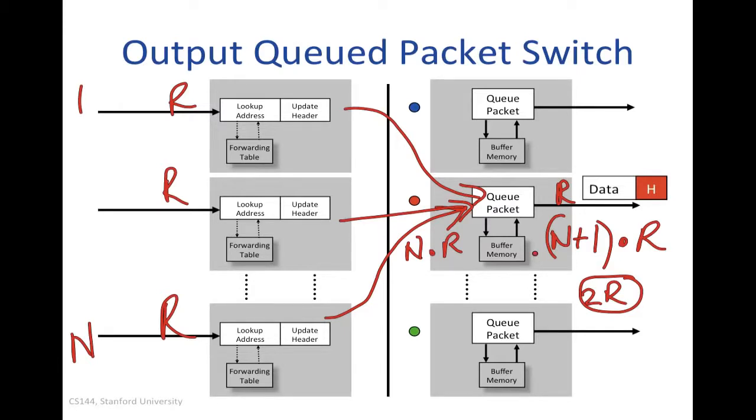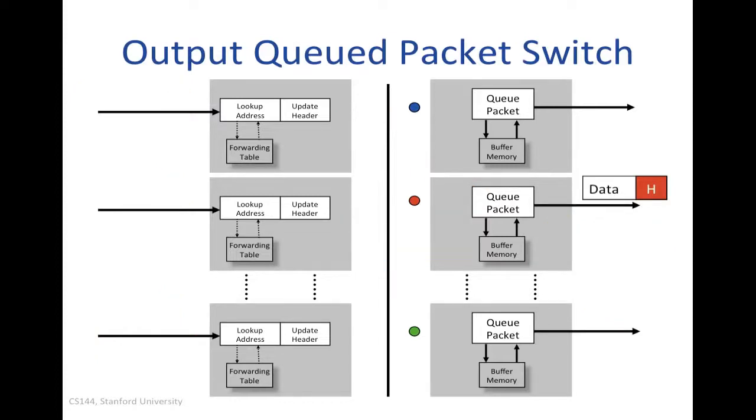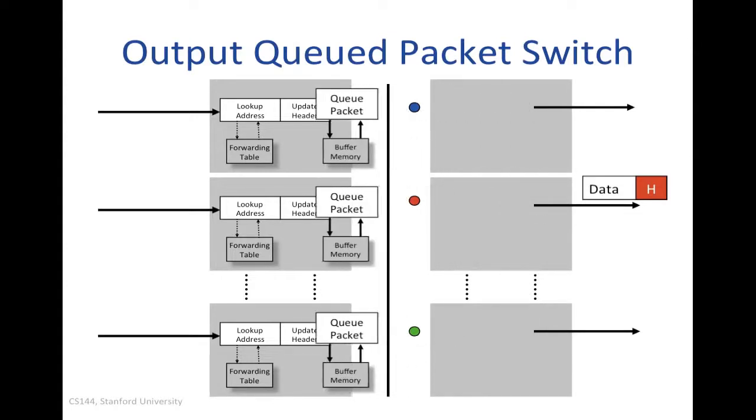Output queued switches are said to be limited by this problem, that they have to have memories that run very, very fast. And it becomes quite a challenge when building scalable output queued switches to find or use memories or create a memory hierarchy that will run fast enough. One obvious way to solve this problem is to move the queues from the output over to the input.